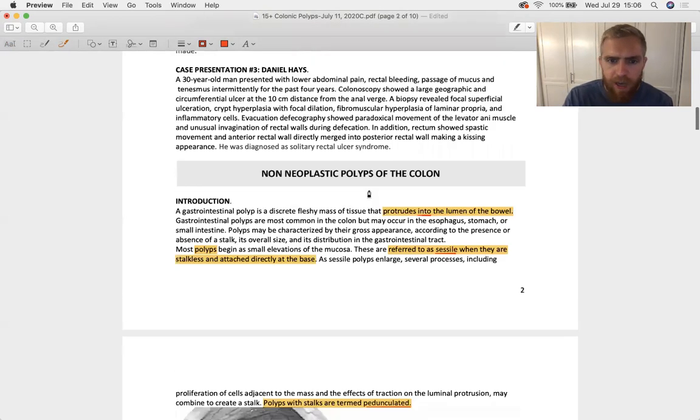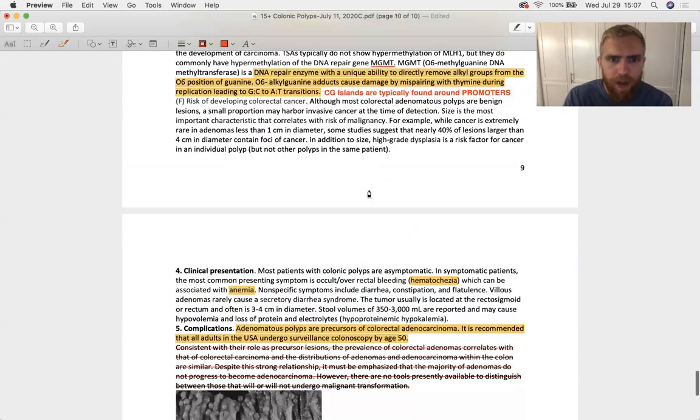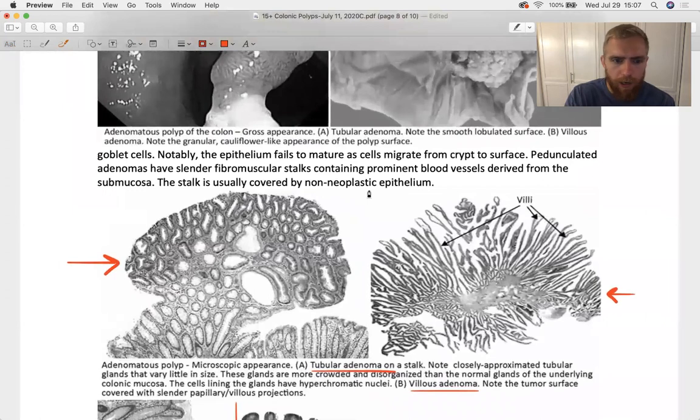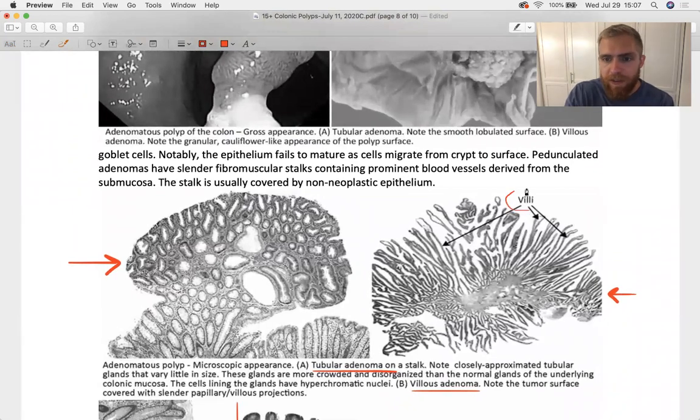And one last time, I just want to emphasize, because I know I didn't do any extra work into this. Again, you've got a villous adenoma here. Note the slender projections. Why are they slender projections? Because you're not secreting anything.